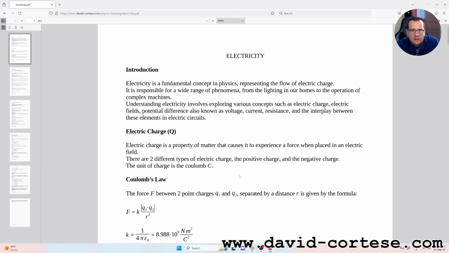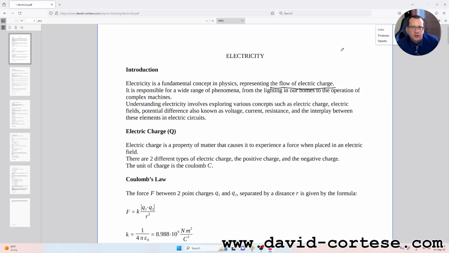So let's start. You can find this PDF on my website. Electricity is a fundamental concept in physics, representing the flow of electric charge. It is responsible for a wide range of phenomena, from the lighting in our homes to the operation of complex machines.